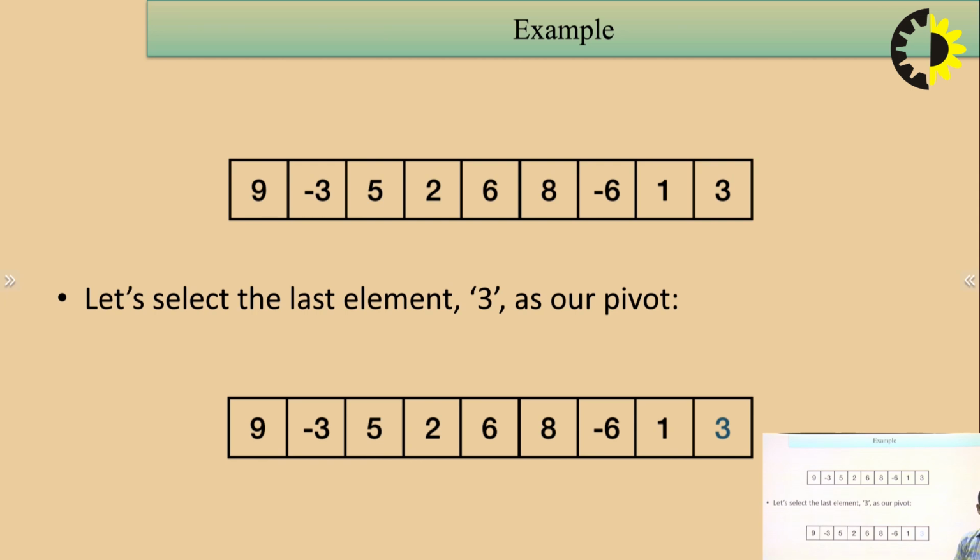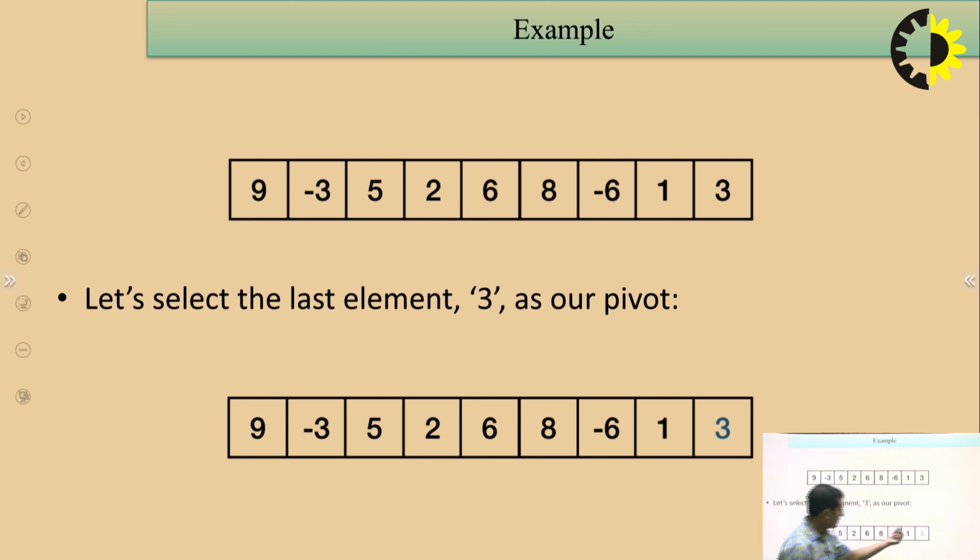As the example, if this is our data: 9, -3, 5, 2, 6, 8, -6, 1 and 3, then let us select the last element, 3, as the pivot element.